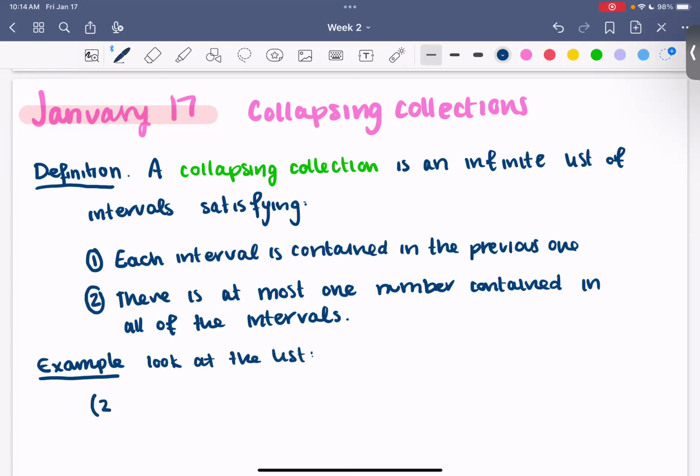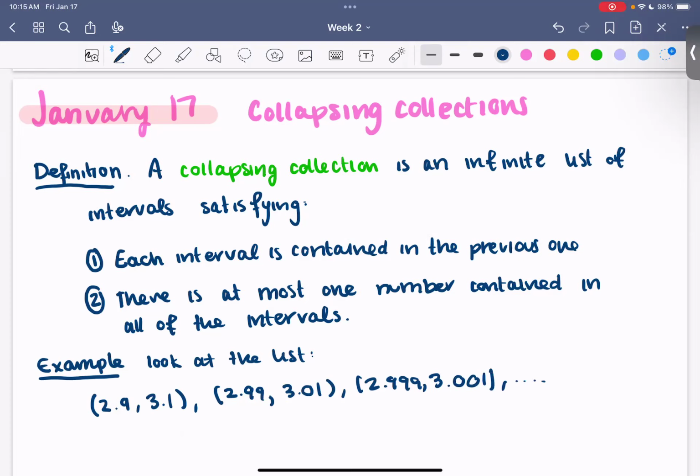We'll have the interval from 2.9 to 3.1. The second one in the list will be 2.99 to 3.01. The third one will be 2.999 to 3.001, and so on. So you just continue the list following the pattern.